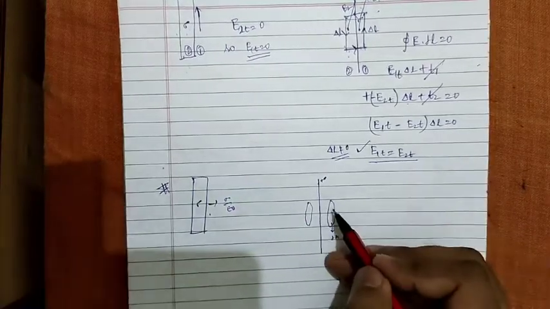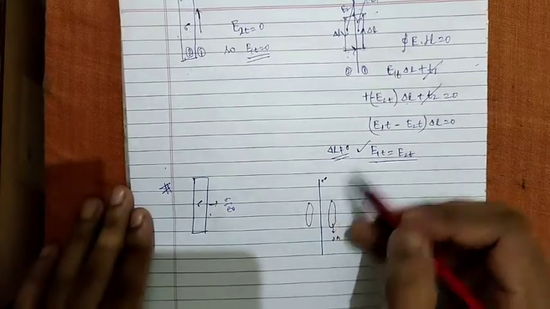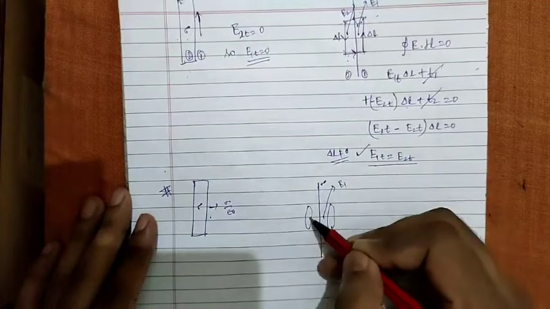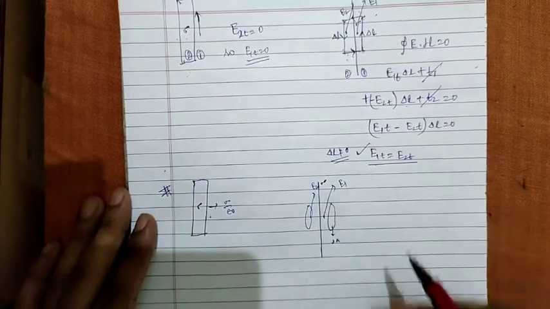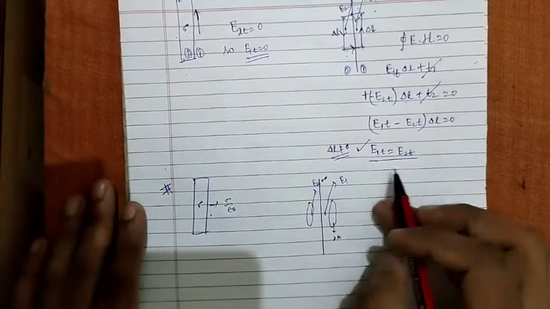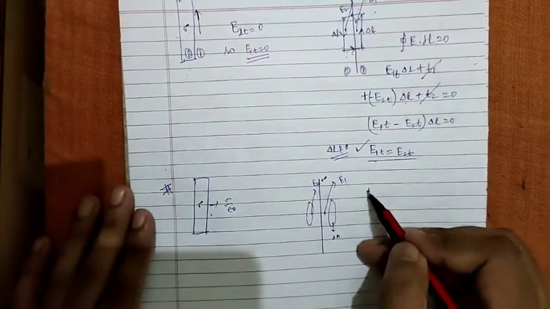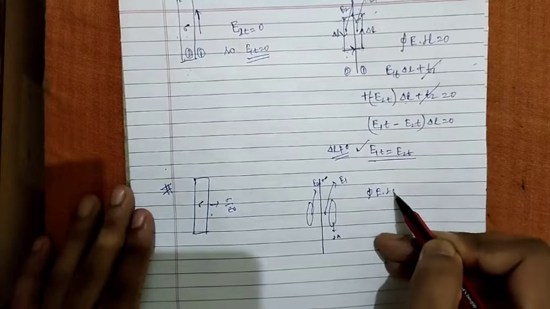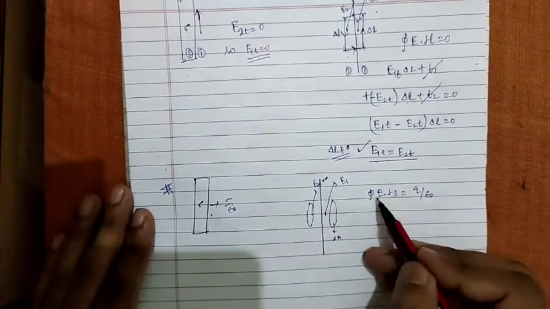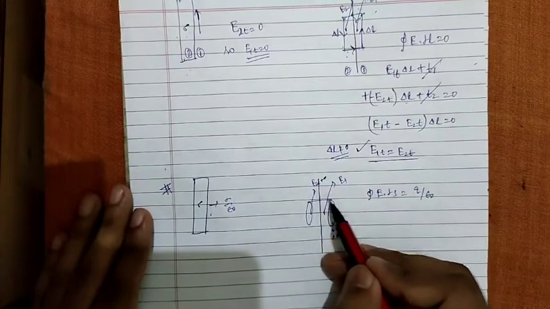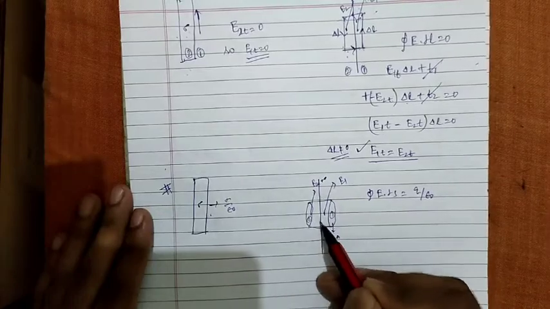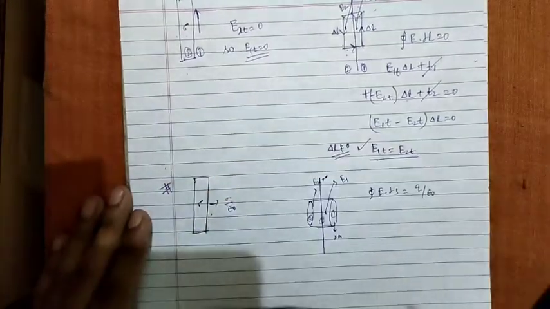The electric field is the same as our previous one, E1 and E2. So by using Gauss law, the flux of E dot dS is equal to Q by epsilon naught. Now taking this surface also, we have three surfaces: surface 1, surface 2, and this surface 3, which is a curved surface.